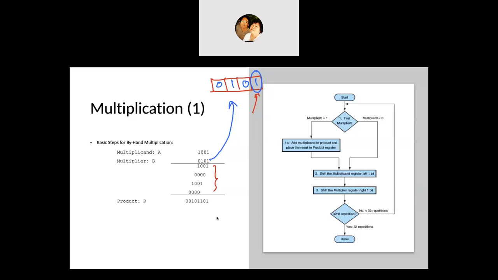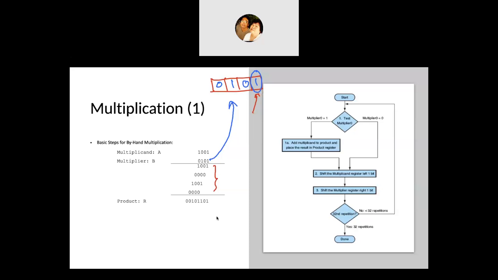In hardware, we simply use the wire. We just tap the signal from the hardware, and that's it. So it is hard to move the hardware, but it's easier to move the data. So we move the data. How can we move the data? We just shift it right. So this bit has to shift to the right. That is why we shift the multiplier register to the right.